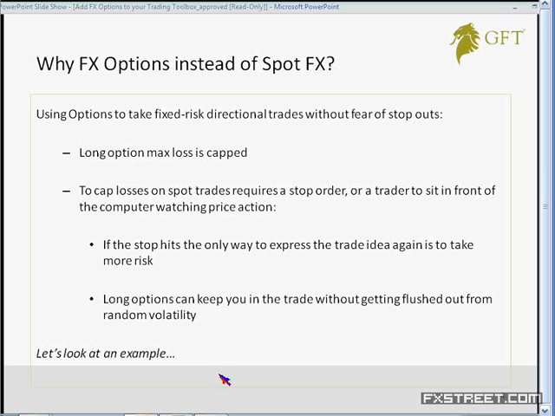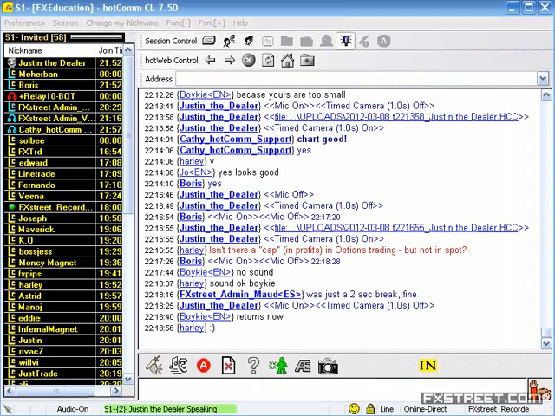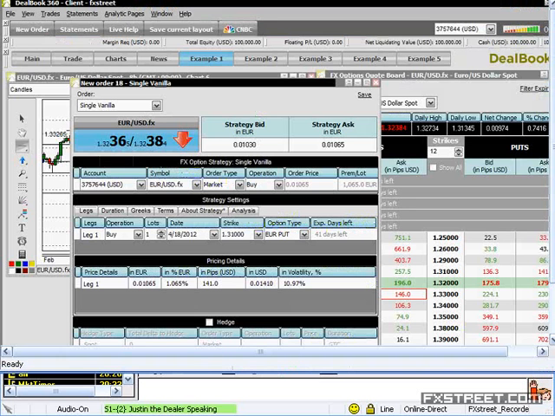So, as the saying goes, time is money, and really as each day passes and expiration gets closer, the time value of that option goes down. And when we look at the put that we were talking about in the last example, let's bring that back up.